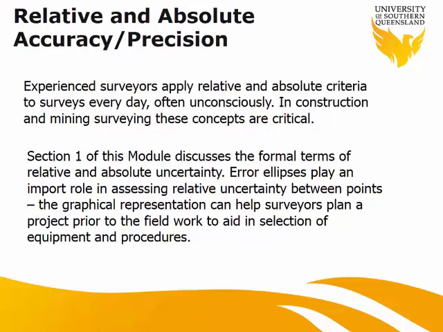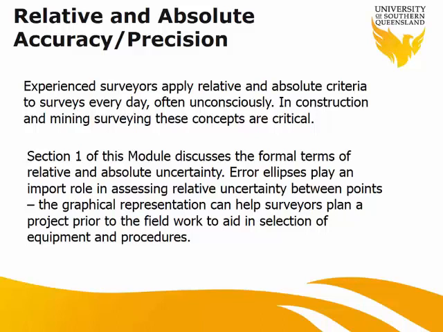Experienced surveyors apply relative and absolute criteria to surveys every day, even if they're not conscious of that. They're doing it intentionally or unconsciously, and it's pretty much standard in construction, mining, surveying, and any other type of survey job like cadastral, and they're all critical. In the first section, we talked about the terms of relative and absolute uncertainty.